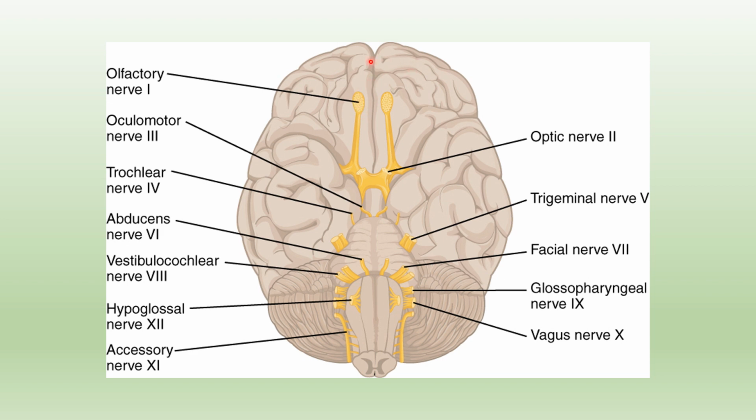If you start anterior and go posterior, you look at them: the olfactory, and then the optic, the oculomotor, the trochlear, the trigeminal, the abducens, the facial, the vestibulocochlear, the glossopharyngeal, and then we have the vagus nerve, the hypoglossal, and the accessory nerve.